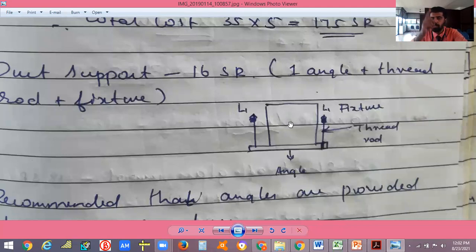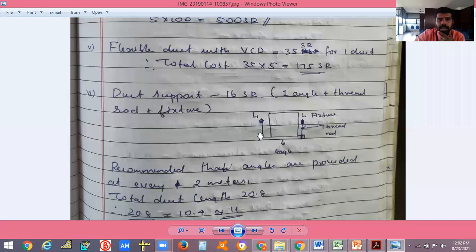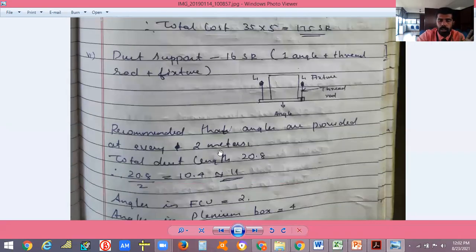Then only will it be completely known as a duct support. We will have an angle, a rod, and a fisher which helps to fix it on the concrete or on the roof. So angles are recommended at every 2 meters. Don't forget this. When you are doing a project, you have to give an angle after each 2 meters.